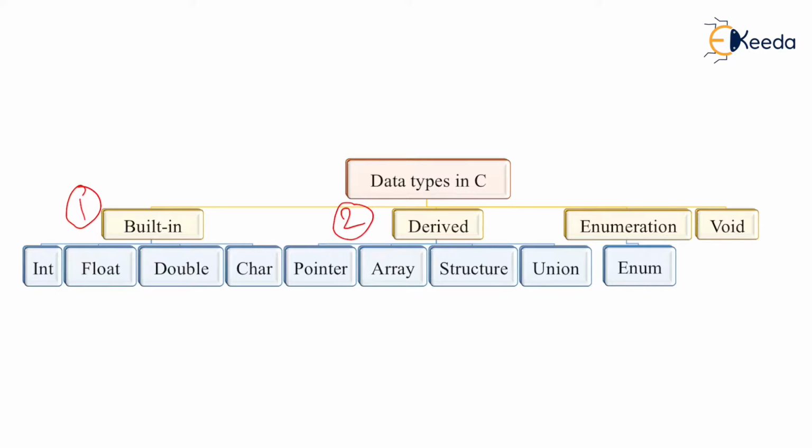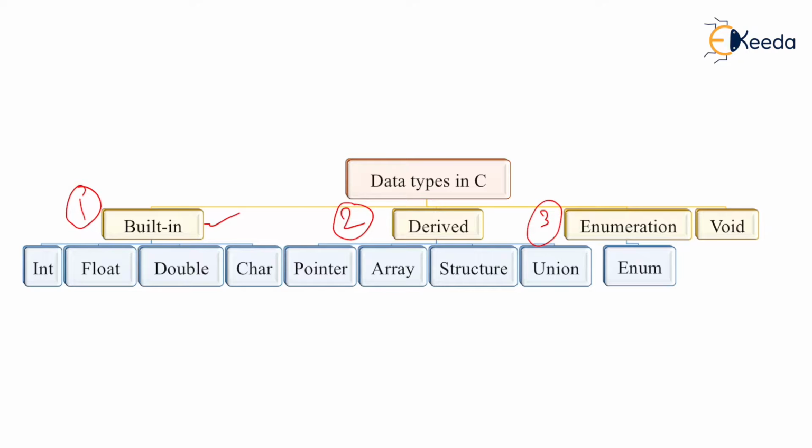Second is derived data type. That type of data types are derived from the built-in data types. That means whatever derived data types are present in C depend on the built-in data types. Next is enumeration.